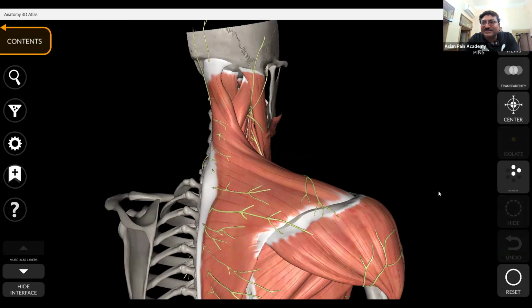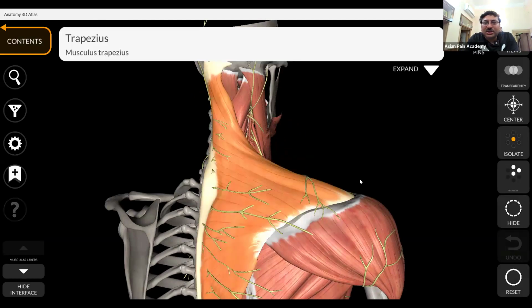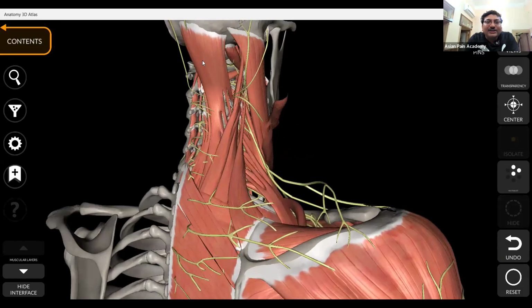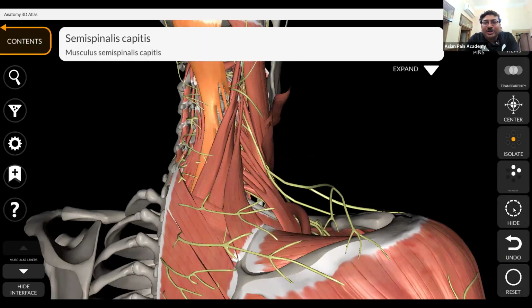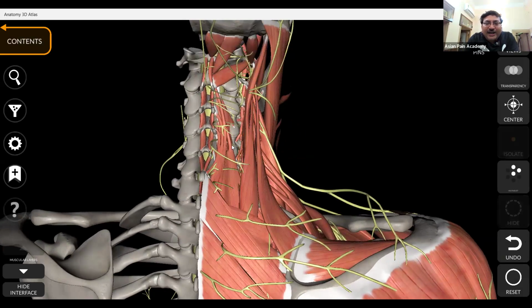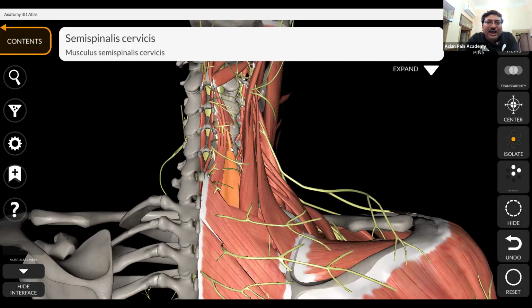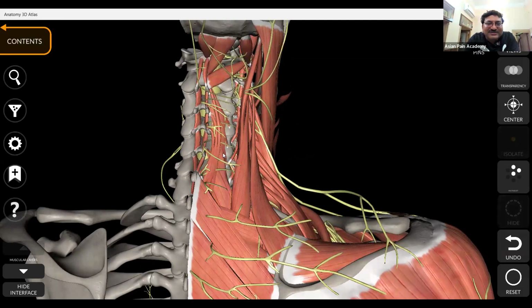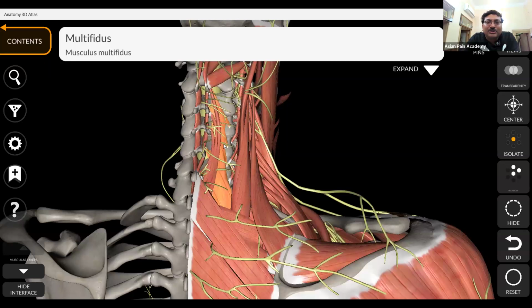First, we have the trapezius. Then we have the splenius capitis. It is named so because it looks like a splint. Near this point we have the semispinalis capitis. Then we have the splenius cervicis, and very close to it the semispinalis cervicis, and then the multifidus.